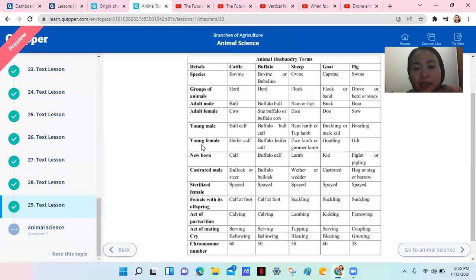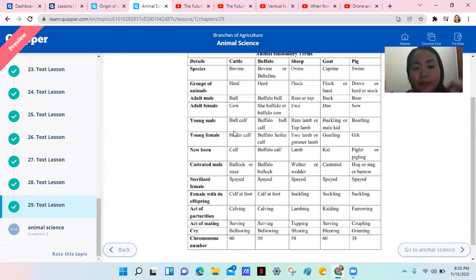The young male is bull calf, while the young female is heifer calf for cattle, and buffalo bull calf and buffalo heifer calf for buffalo, ram lamb or tup lamb for sheep, and ewe lamb or gimmer lamb for female sheep, buckling or male kid for young male goat, and goatling for young female goat, boarling for young male pig, and gilt for young female pig.